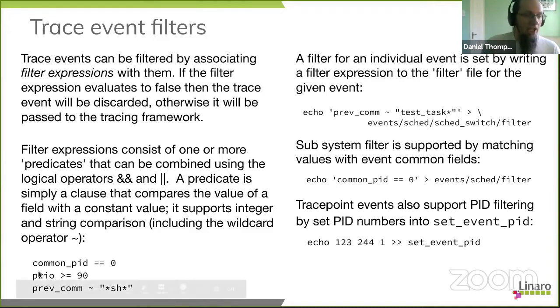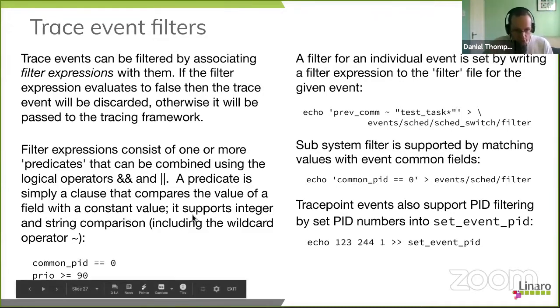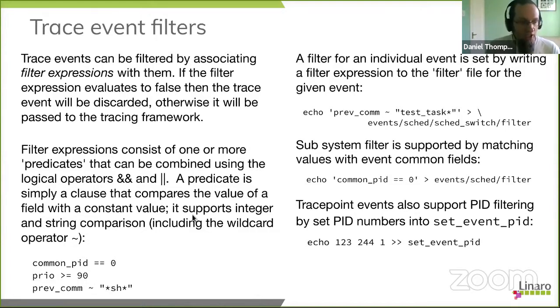You could look for things that have a priority more than 90. So real-time priority, I think, is what that would be tracking if you're attaching it to scheduler events. There is an additional thing, which is this tilde, which is a globbed string match. So in addition to the integer operators, we also have this wildcarded string match if we wish. So you can, for example, filter only tracing from a particular test task when you are gathering your test data.